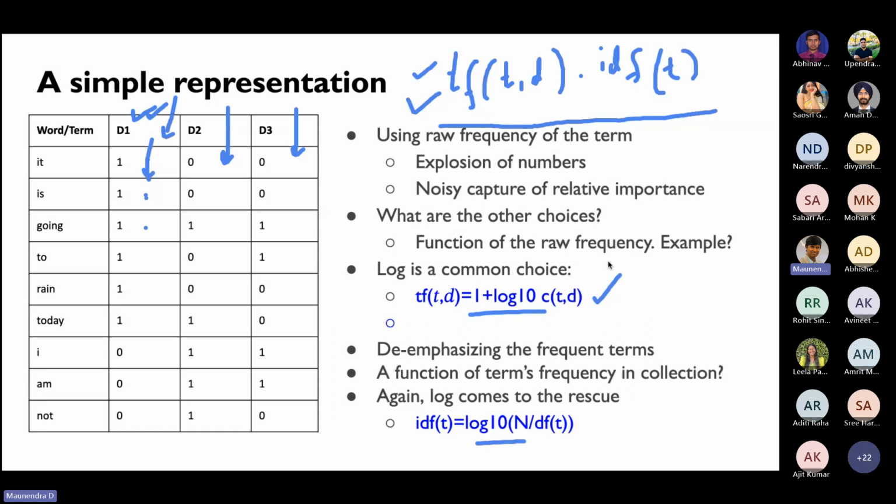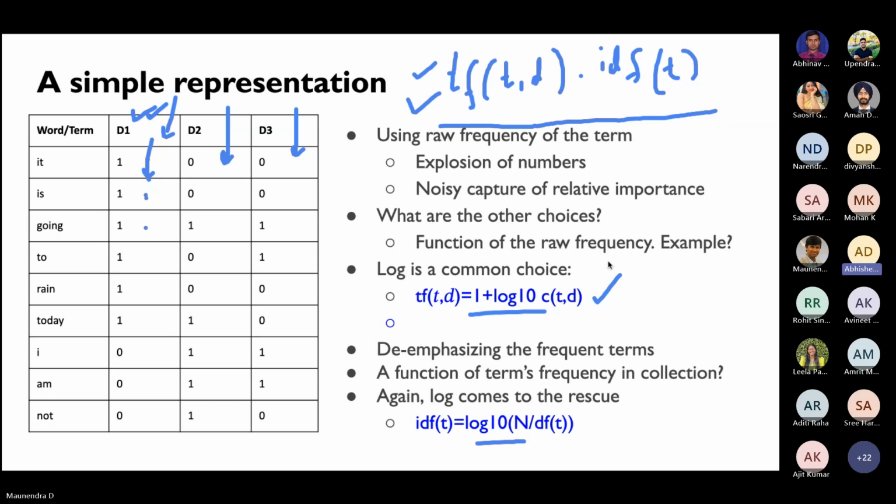Even if they change, we have the log in the computation, so the impact of the change will be minimal. That's why this was a good choice for measuring term importance, provided your initial collection was significantly large and you do not expect it to be updated every second or minute.